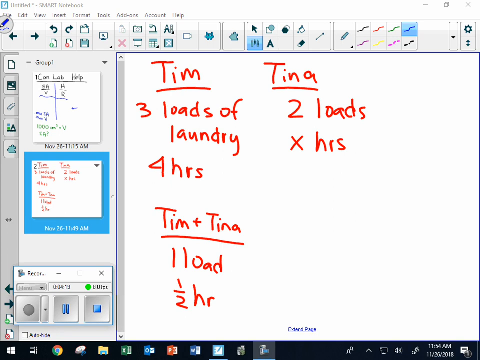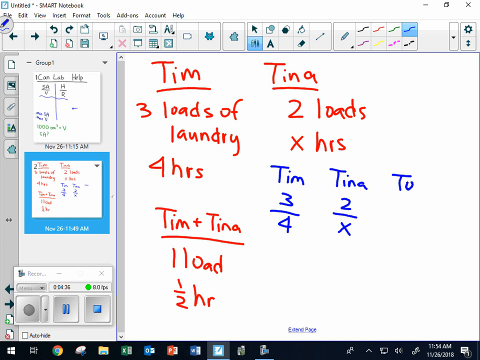So I'm just going to formally set it up. For Tim, we have 3 loads per 4 hours. With Tina, we have 2 loads in x hours. And then both of them together will give us 1 load in half an hour.